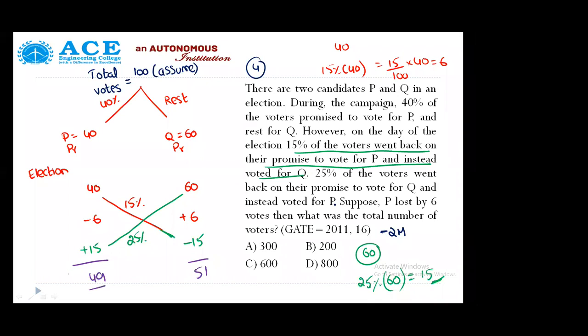As per this, P and Q, P lost by 2 votes. This analysis, okay, if P is 49, Q is 51, the result is P lost by 2 votes.